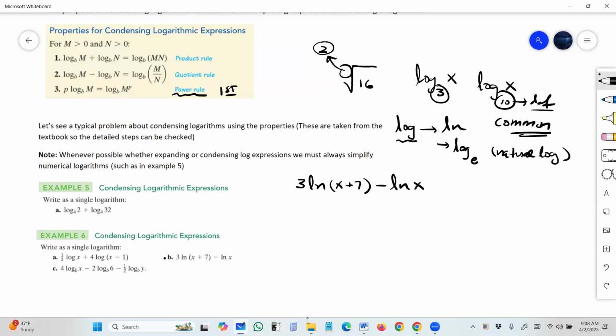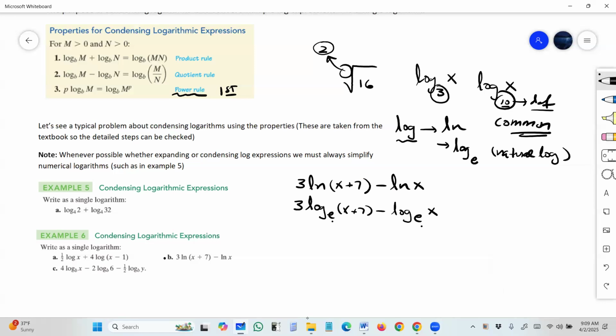It's a special base, just like base 10 is called the common log. So ln means log base e of x plus 7 minus log base e of x. I'm not going to write e, I'm just writing it here to show you that that's what ln means, natural log.